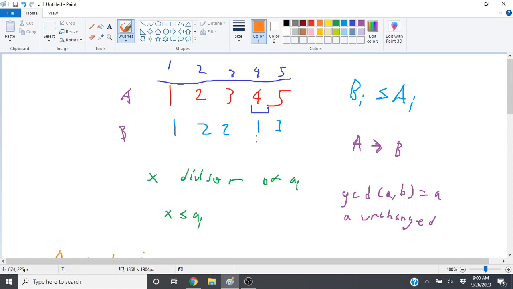For example, in this case, 5 is not divisible by 3, and indeed there's no way we can ever get 5 to be 3. And 3 is not divisible by 2, and there's no way we can get 3 to be 2. So this case is impossible.